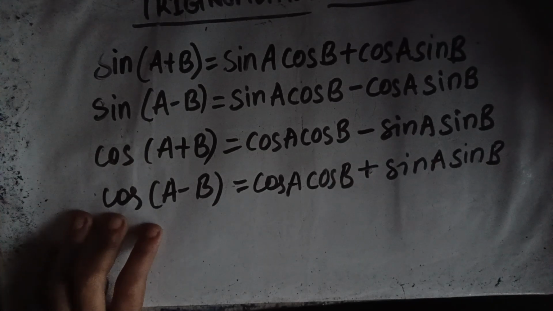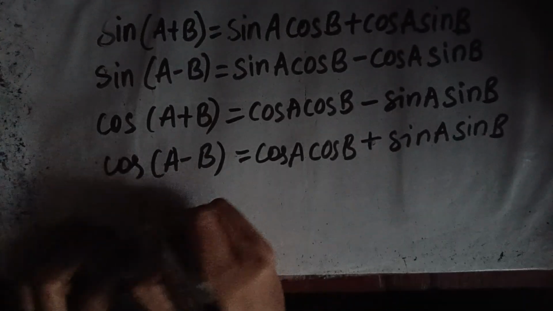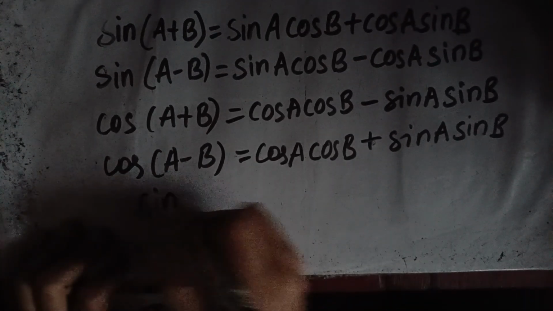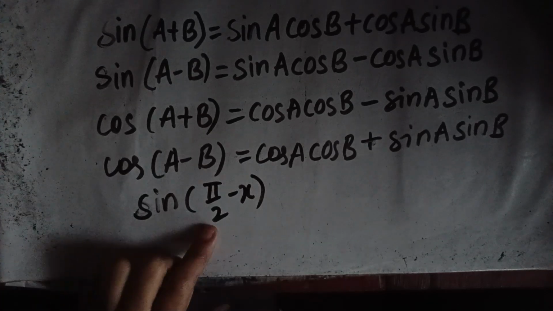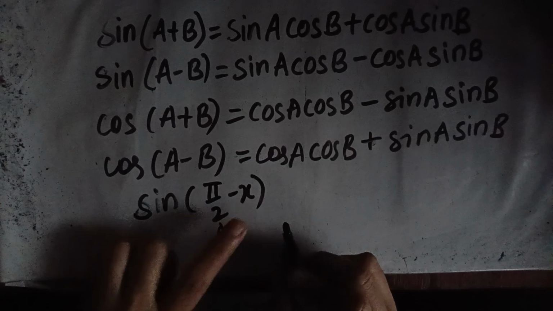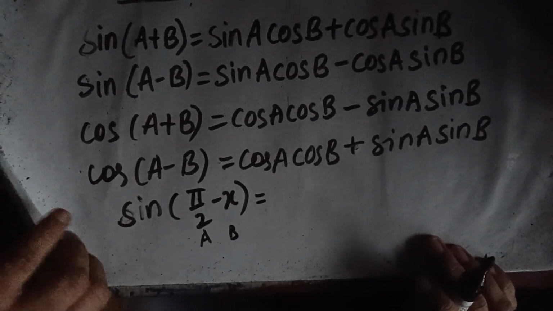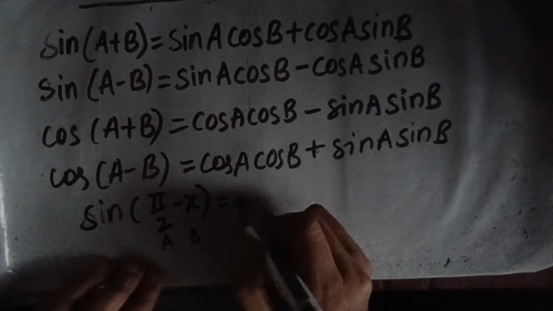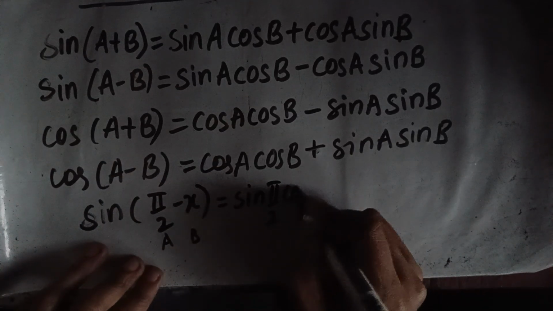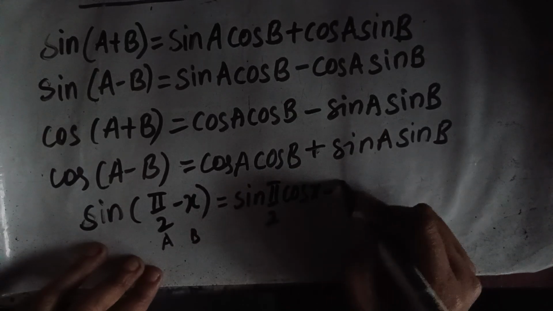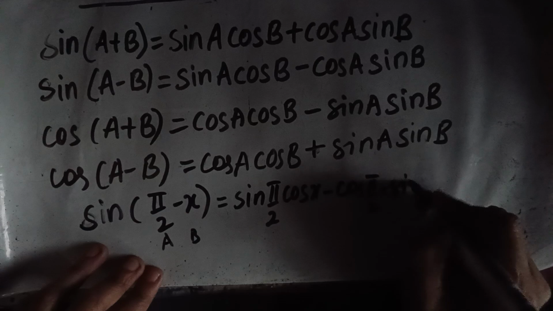So you can use this to find, if I take sine of pi by 2 minus x, you can treat this pi by 2 as A and x as B. Let's see what happens using this identity. Sine pi by 2 into cos x minus cos pi by 2 into sin x.